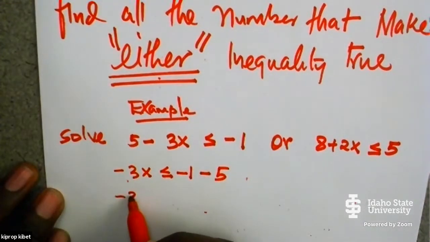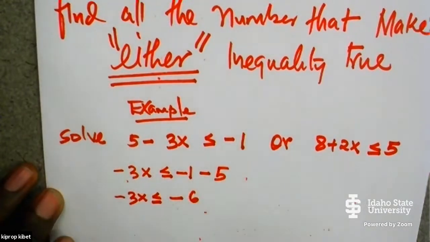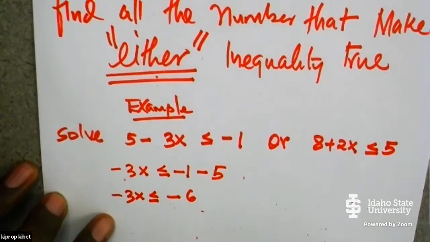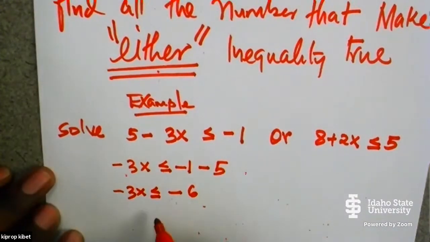So you get minus 3x less or equals to -6. Then you do what? You divide by -3. So when you divide by -3, you switch the inequality. So we get x greater or equals to 2.